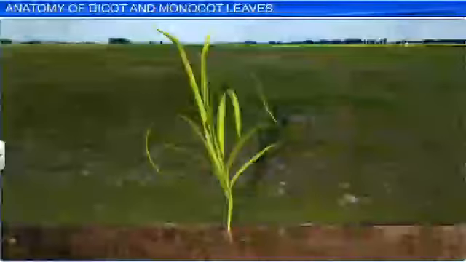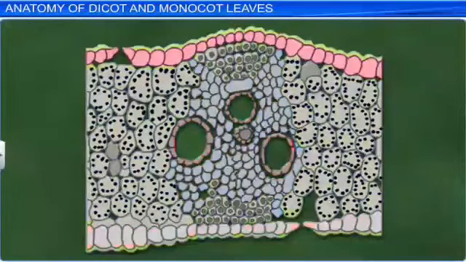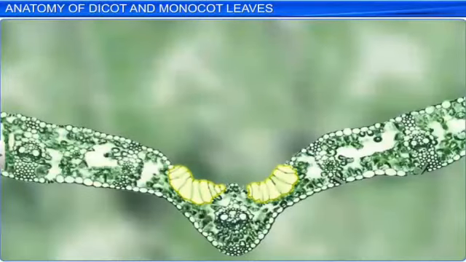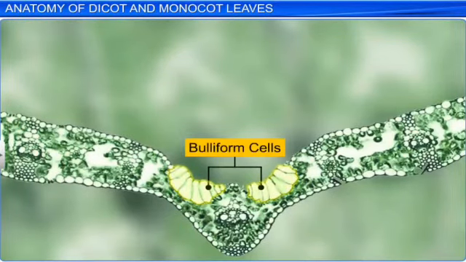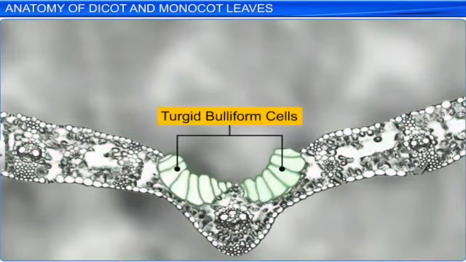In the leaves of monocots such as grasses, veins and cells of the upper epidermis modify themselves as large, bubble-shaped, colorless cells, also known as bulliform cells. On absorption of water, bulliform cells become turgid and expose the leaf's surface.